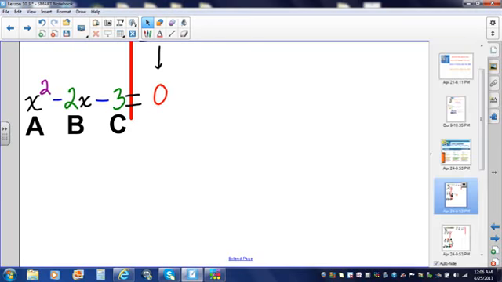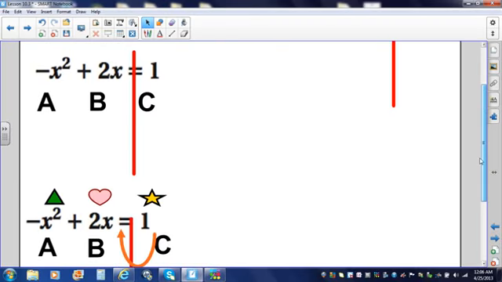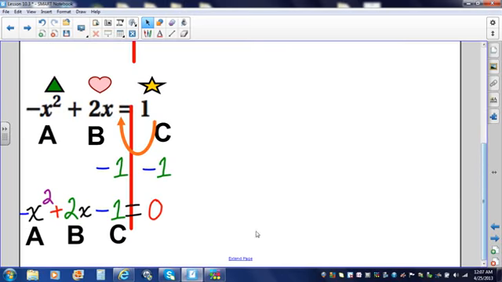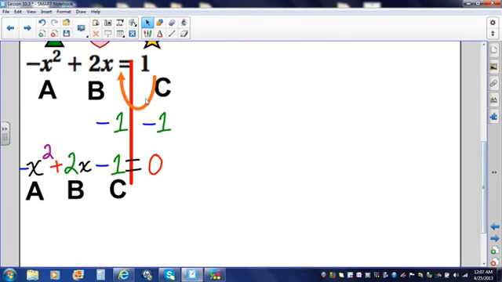It's really hard, isn't it? No, not really. Let's try another one. Notice for this quadratic equation, A and B are on the same side, but C's not. Just like we did last time, we are going to subtract 1 on both sides of our equation.